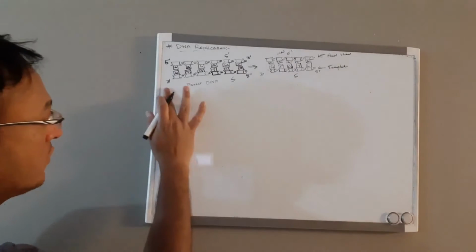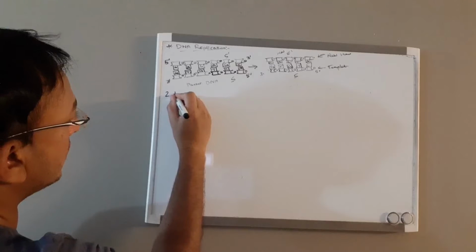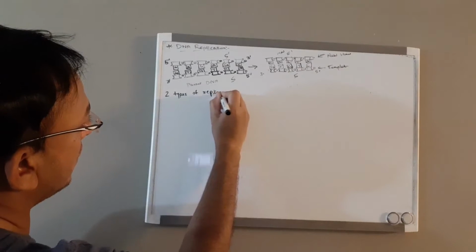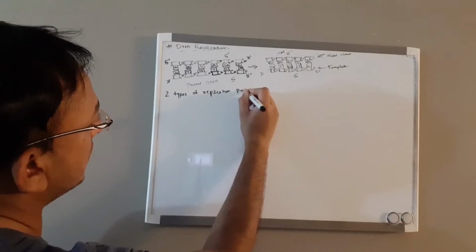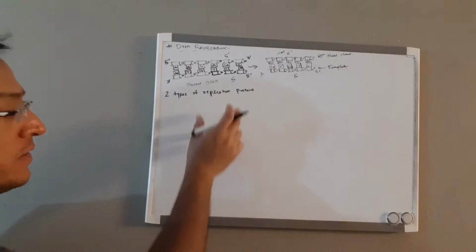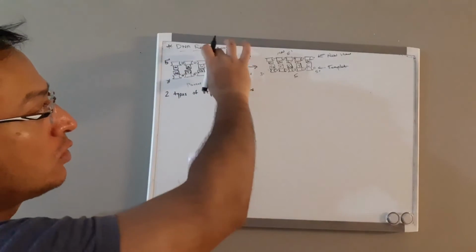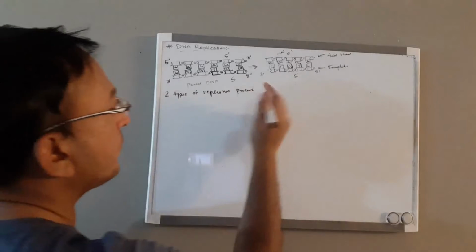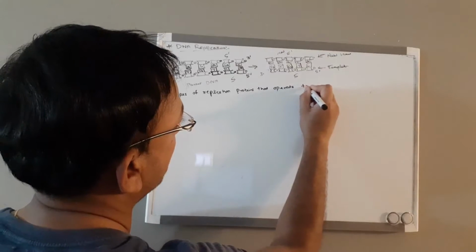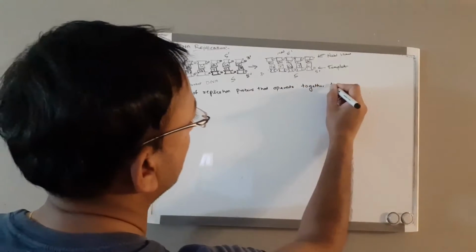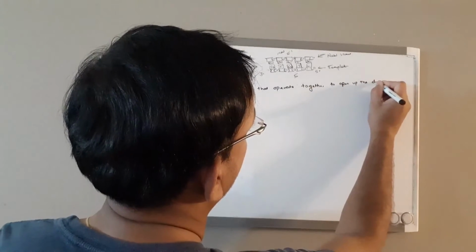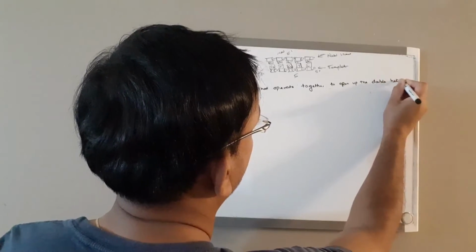I will write here: two types of replication proteins operate together to open up the double helix.